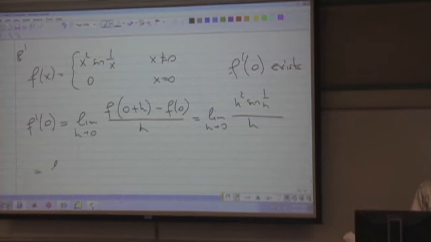Which equals the limit as h goes to 0 of h times sine of 1 over h. And what is this limit?